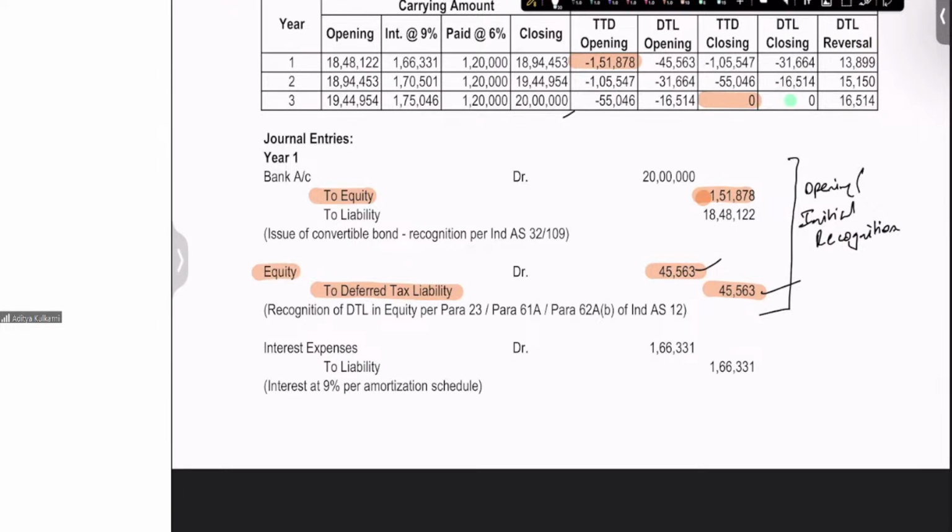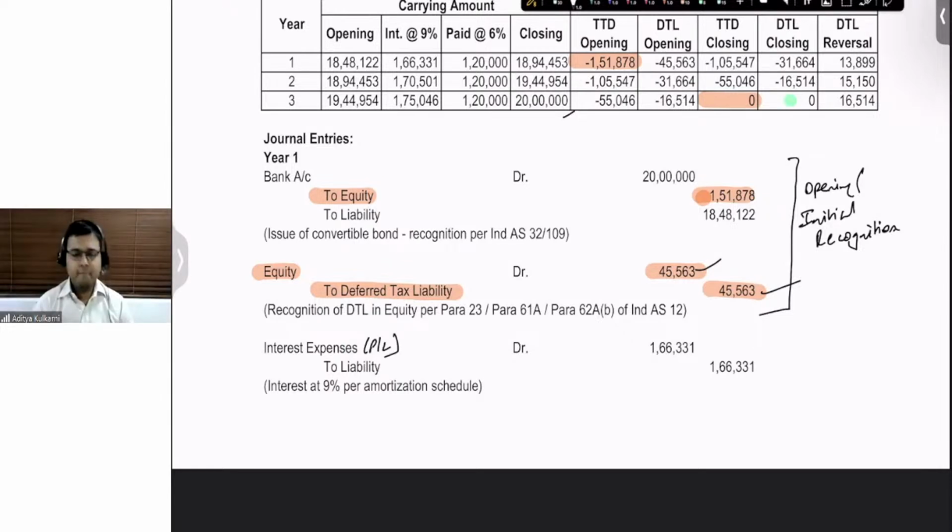End of the year, I am going to book my expense. So interest expense will be recorded, and it will go to the P&L. This is based on the effective interest rate, so 1,66,331. That means it is this figure.